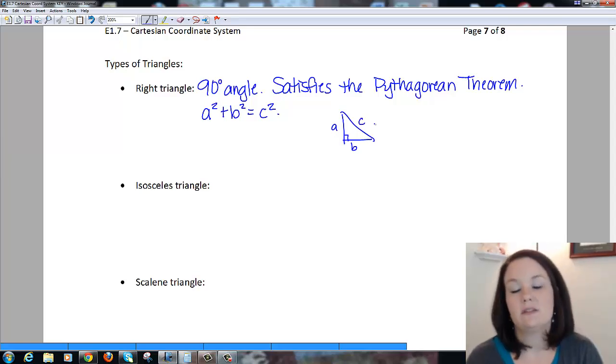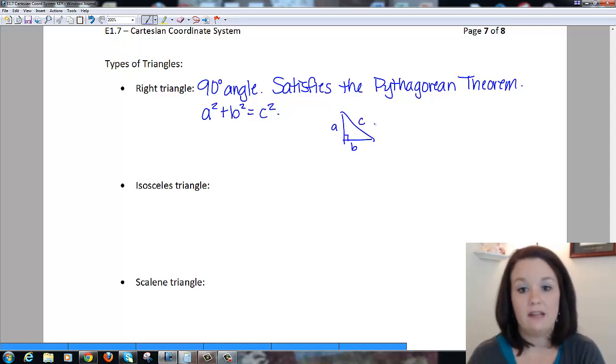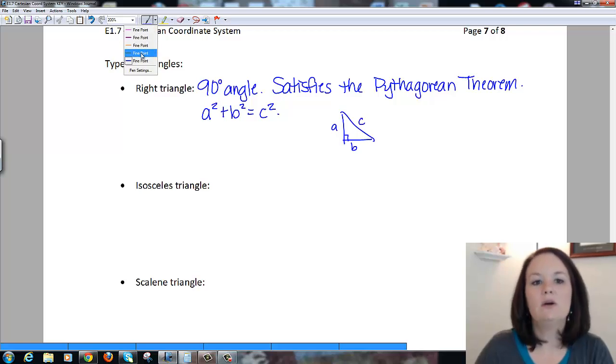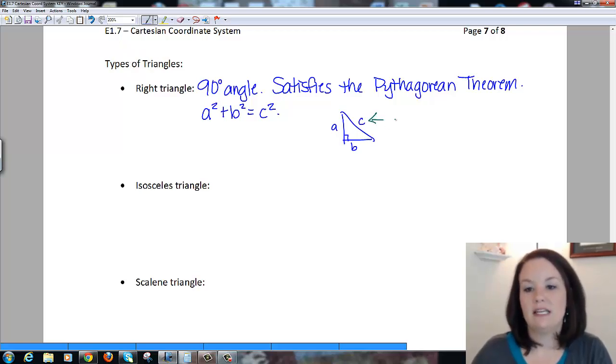So in order to see if something is a right triangle, we just need to know what are the lengths of all the edges. And then we plug them into a squared plus b squared equals c squared. And if it makes a true statement, then we know it's a right triangle. Okay, I'm going to put on here because everybody always forgets. Remember, C has to be your hypotenuse. And the hypotenuse is always the longest length.